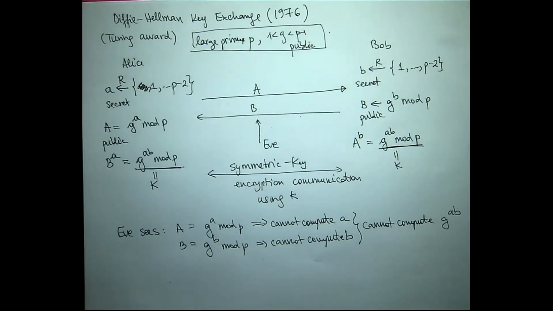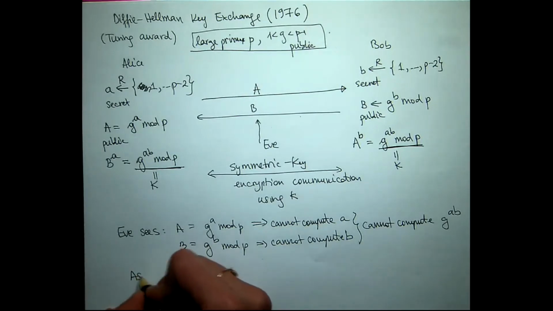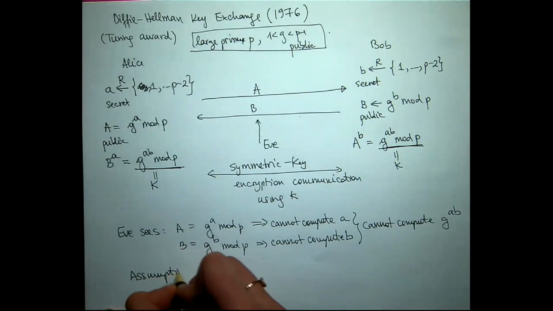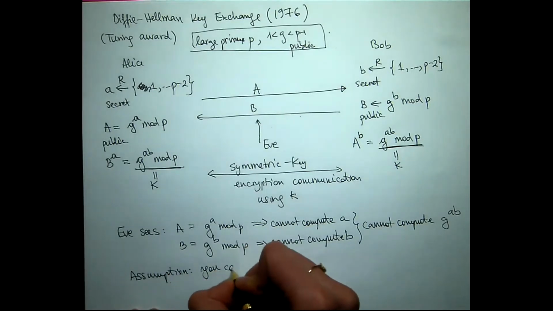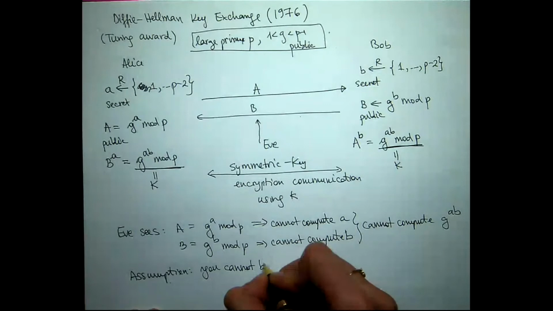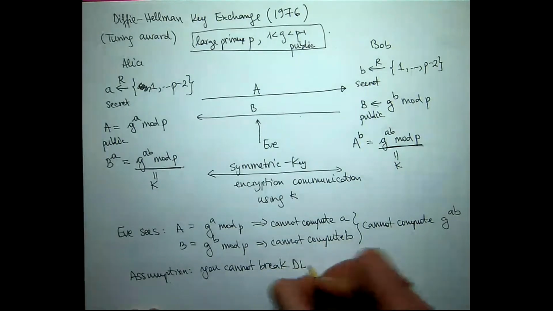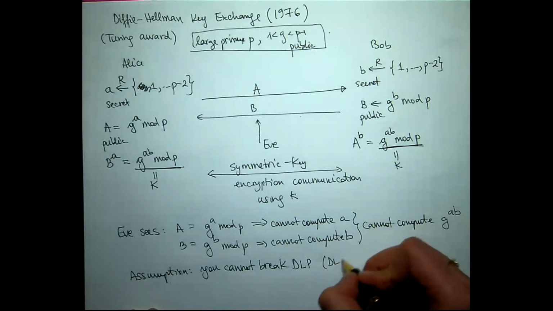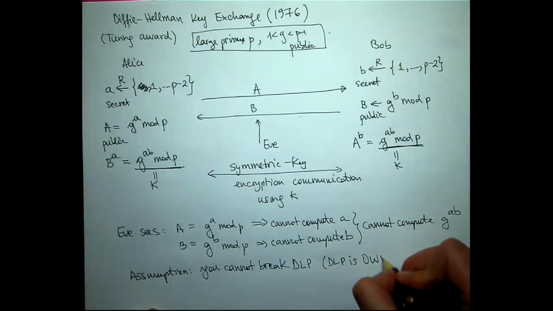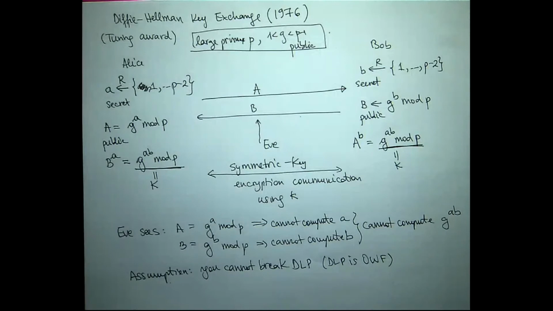So basically, this really relies on the assumption that you cannot break the discrete logarithm problem, so that the DLP is a one-way function. And actually, there's a bit of a stronger assumption that it needs.